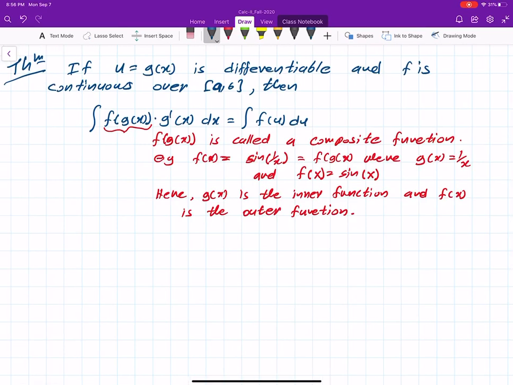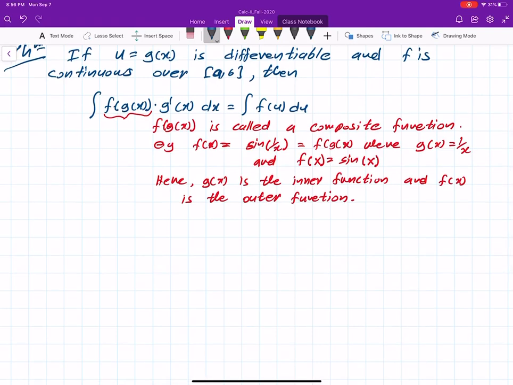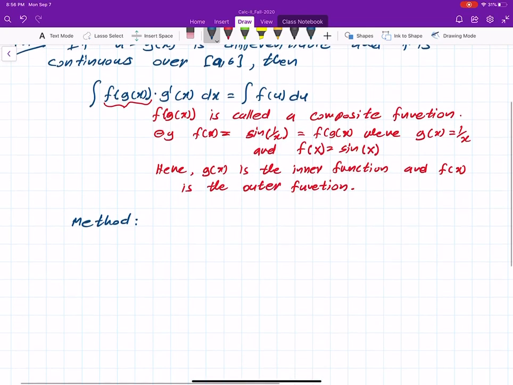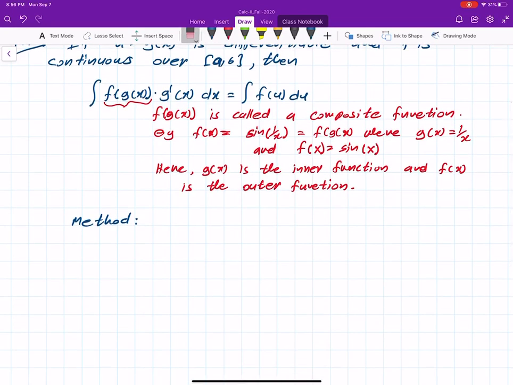All right, keep that in mind. This method explains how to solve these kinds of problems, and it has some steps.